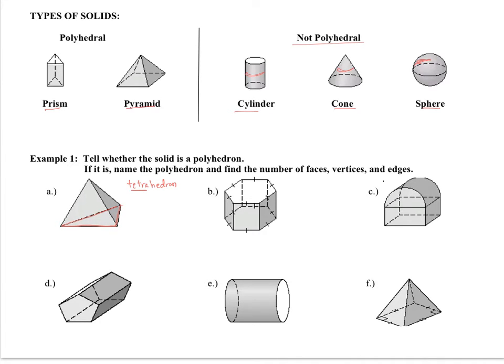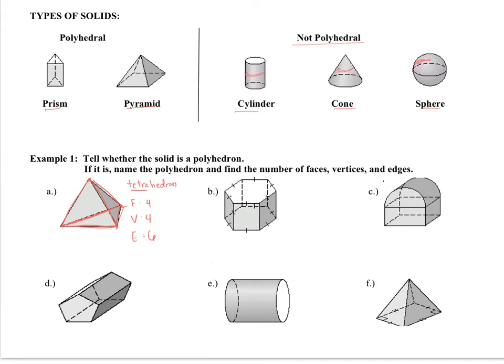The number of faces would just be 4. And the number of vertices, 1, 2, 3, 4 as well. And edges, 1, 2, 3, 4, 5, 6. So we have 6 edges.